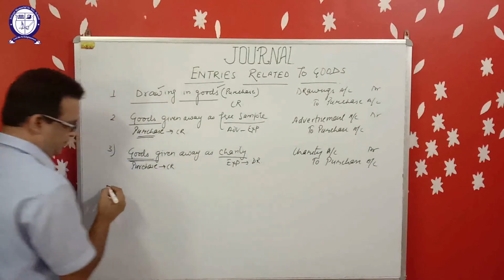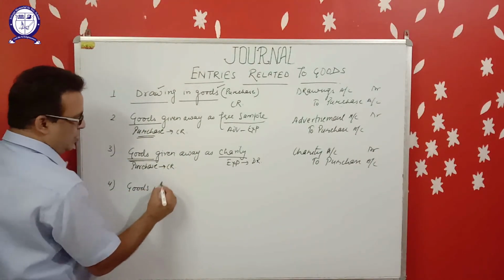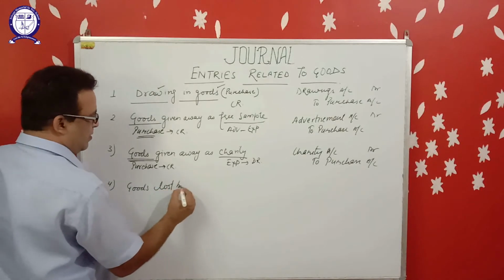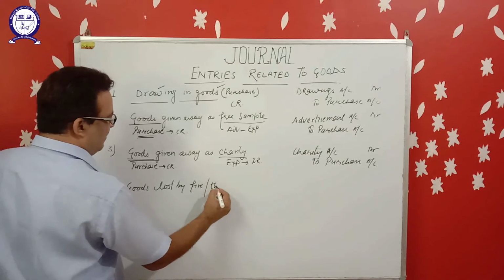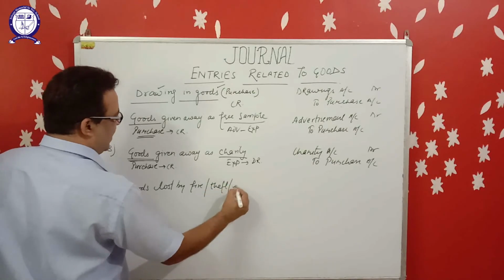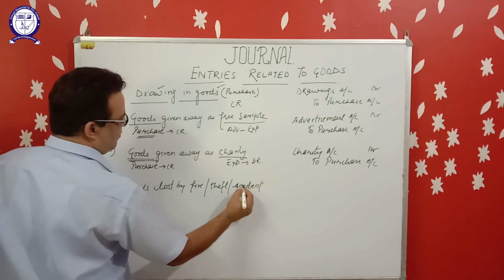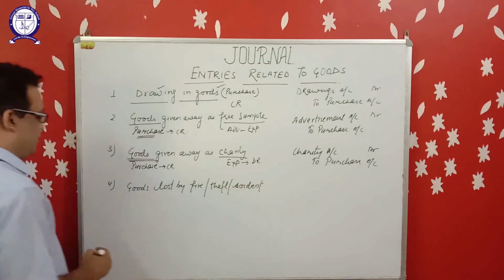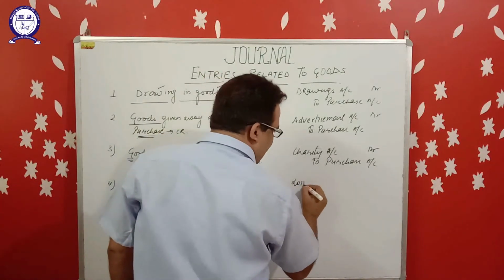Next point, goods lost by fire, by theft, by accident. The journal entry will be loss by fire account debit.